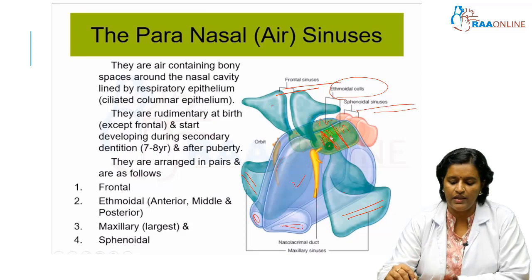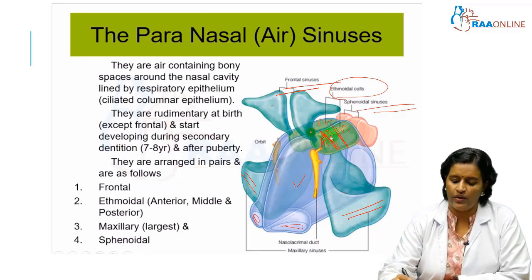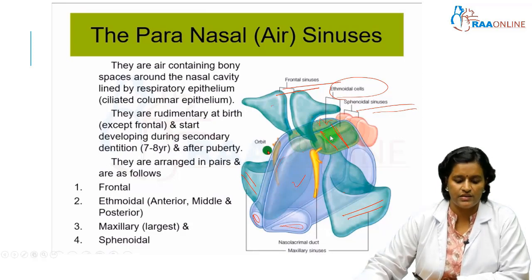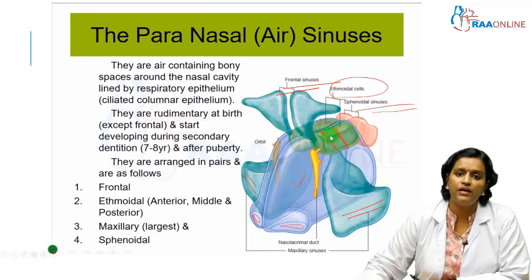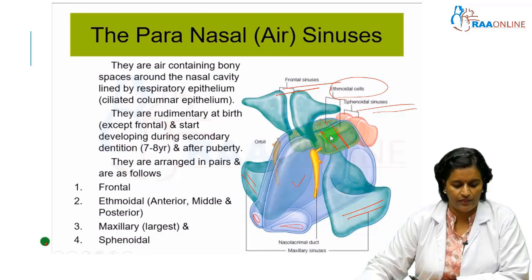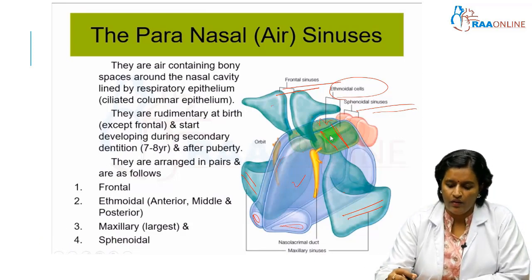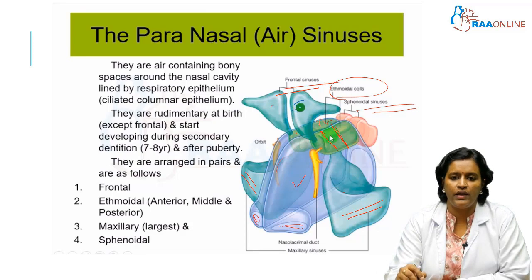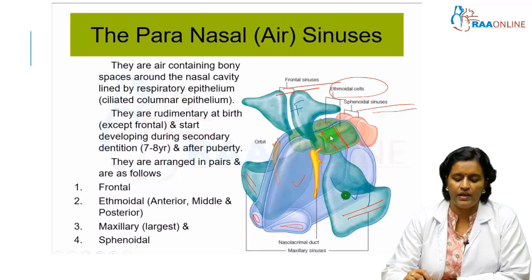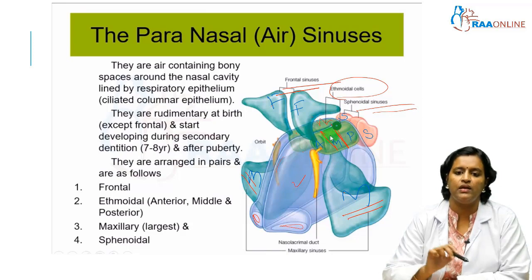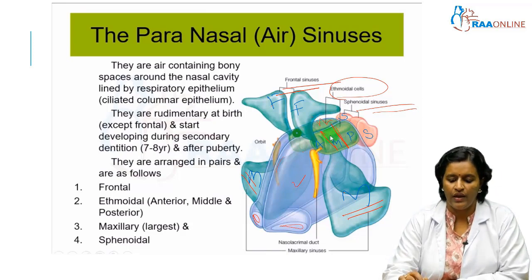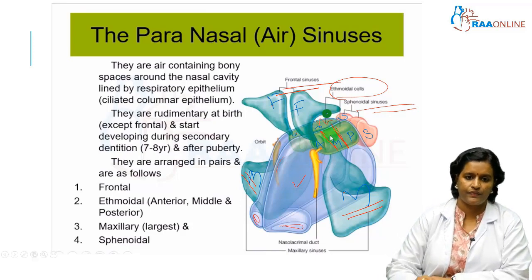So, there is a pair of anterior ethmoidal air sinuses, a pair of middle ethmoidal air sinuses, and a pair of posterior ethmoidal air sinuses. So, this is a pair of frontal air sinuses, a pair of maxillary air sinuses on either side, the sphenoidal air sinuses on either side, and this one is the anterior, middle and posterior ethmoidal air sinuses of either side.